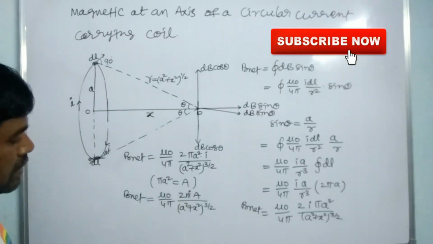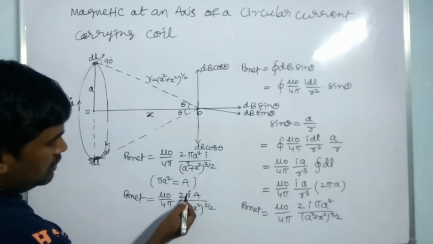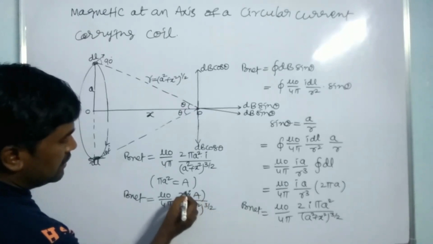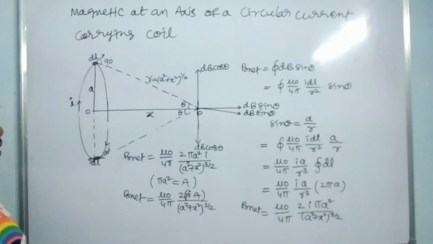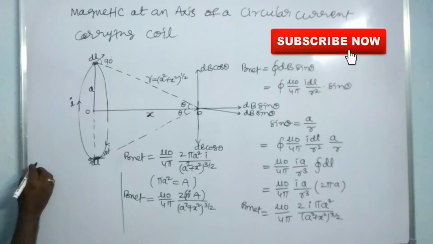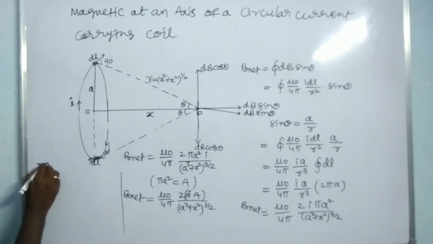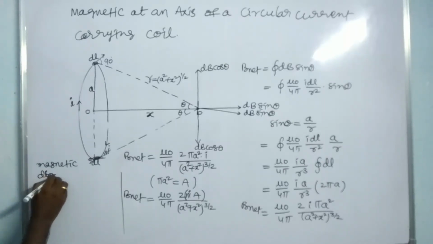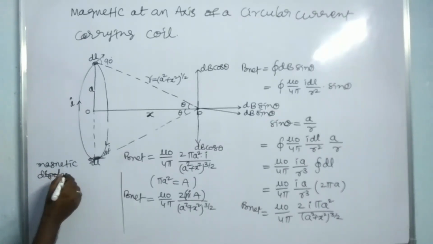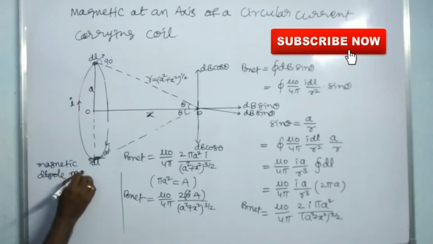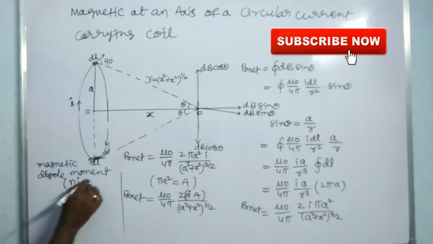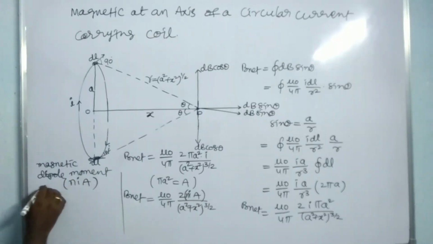So N I A is denoted by one special word, that is the magnetic dipole moment. I will be explaining this one in our next session. This is capital M. M is equal to N I A.